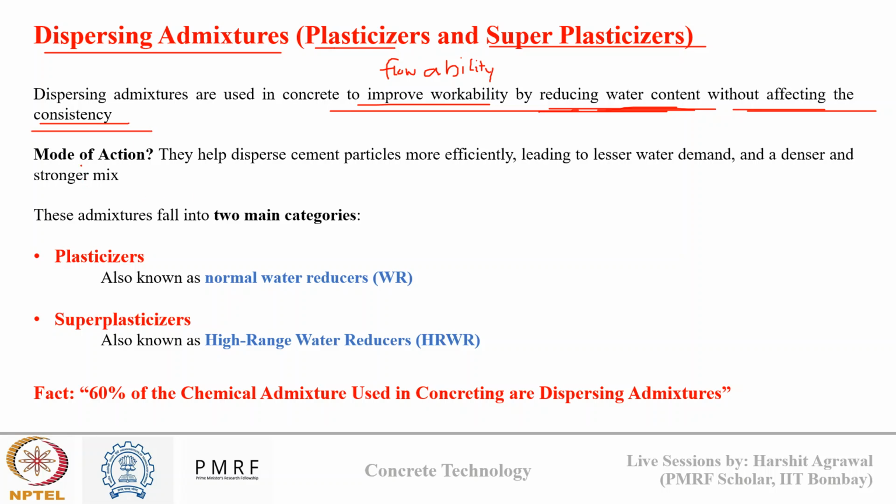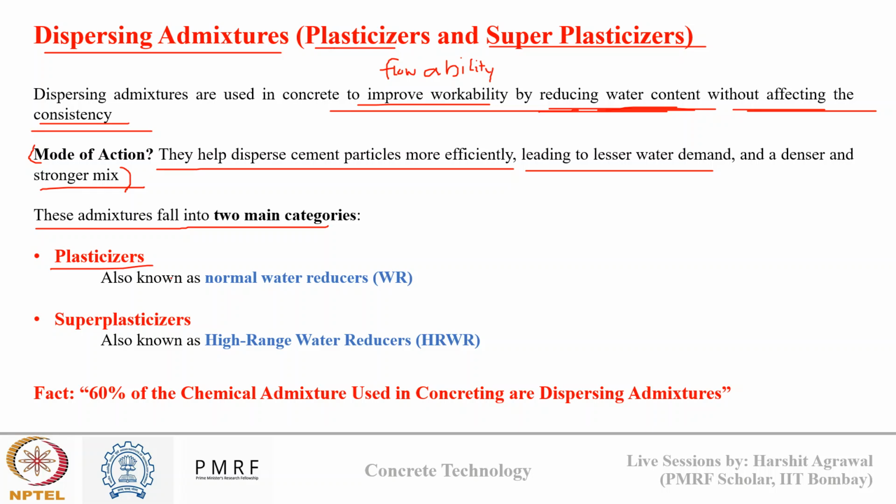How do they do this? They help to disperse the cement particles more efficiently, leading to lesser water demand and a denser and stronger mix. I will explain this in the next slide in detail. These admixtures fall into two main categories.